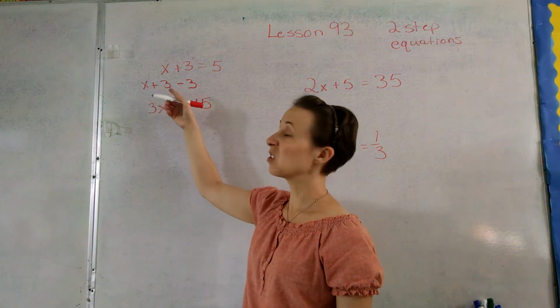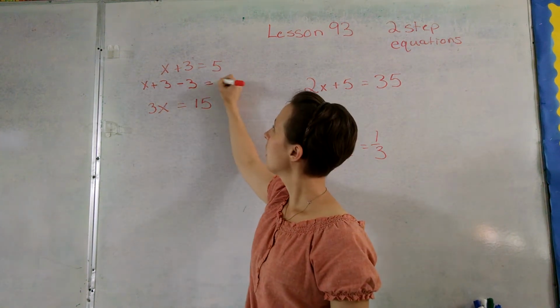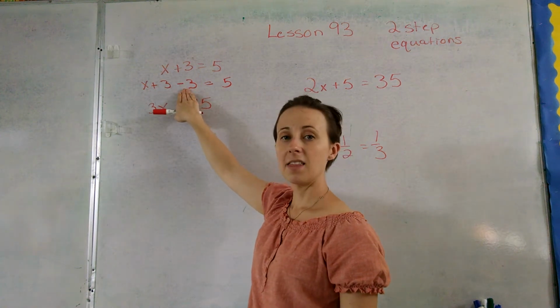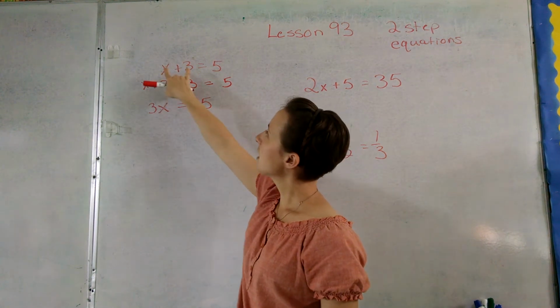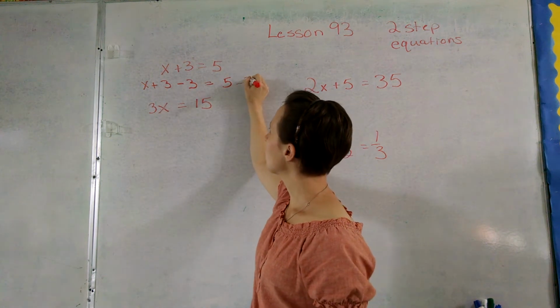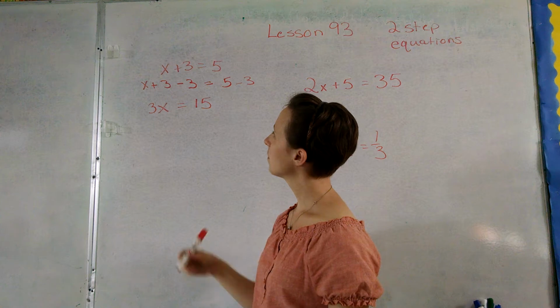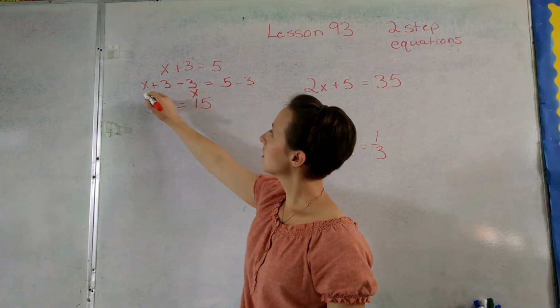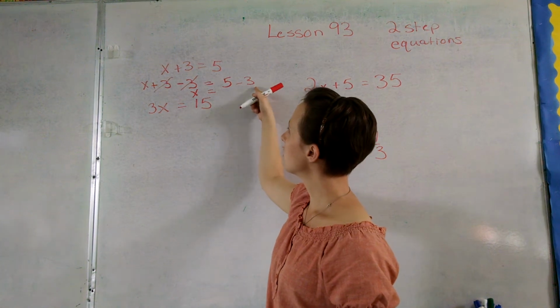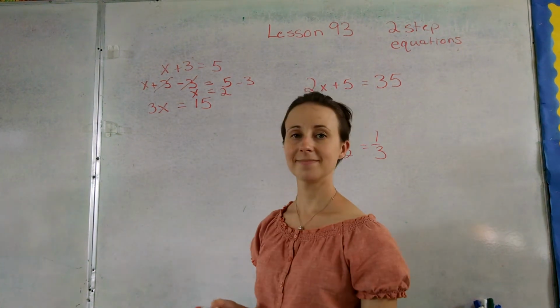I'm left with x plus 0, which is just x, equals 5. And now I need to do the same thing that I did on this side. On this side, I kept my x plus 3, but I subtracted 3. I'm going to subtract 3 from this side as well. When I do that, I'm left with x, these cancel out, equals 5 minus 3, which is 2.